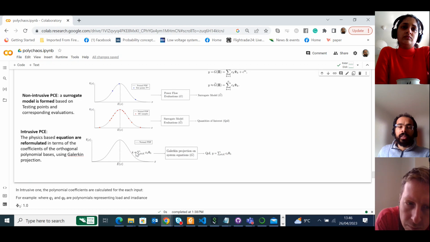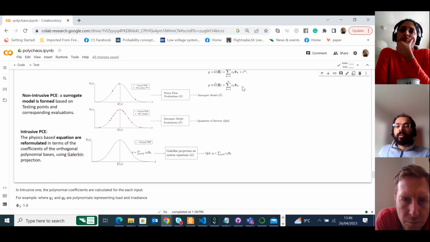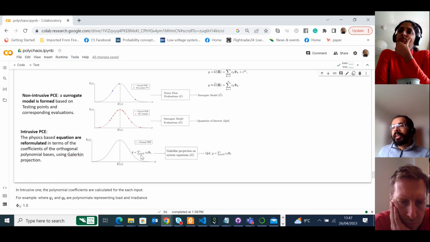What do you mean by this? Here we were writing output y in terms of orthogonal polynomials and trying to find the coefficients. In intrusive PC, we write the input uncertainty in terms of those polynomials.